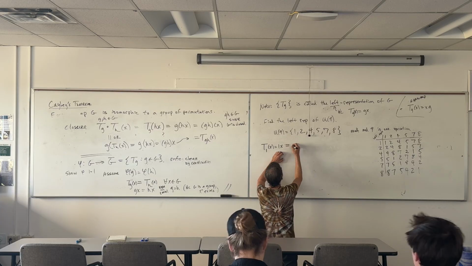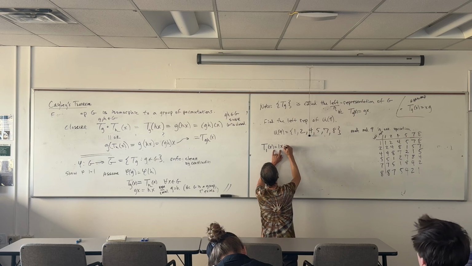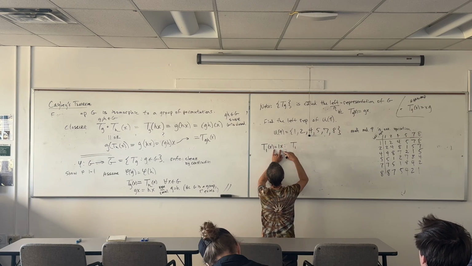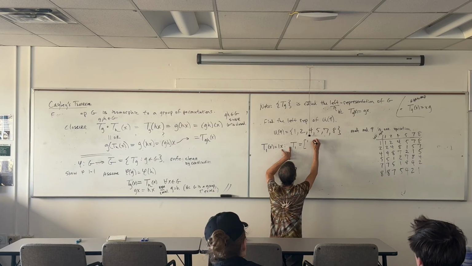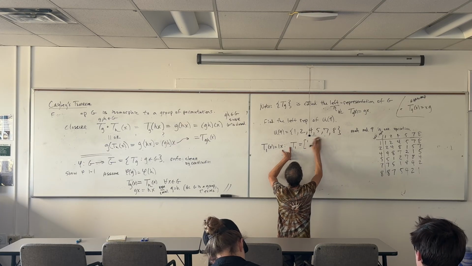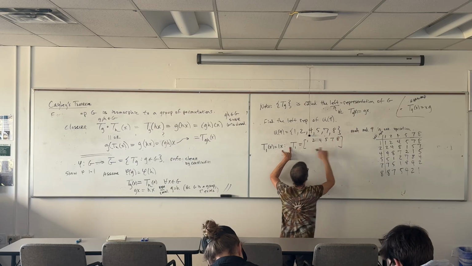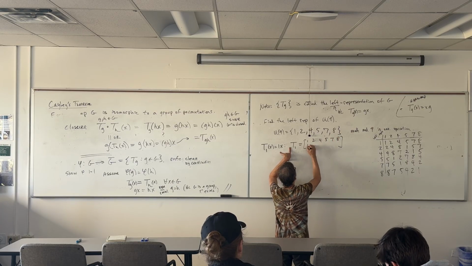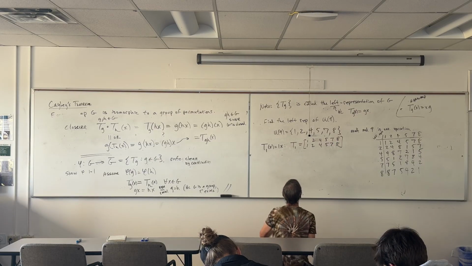And let's write it in permutation form. T sub 1 equals 1, 2, 4, 5, 7, 8 on top, and the same on the bottom. I'm using this form for permutation. It just sends everything to itself. It's your identity permutation.